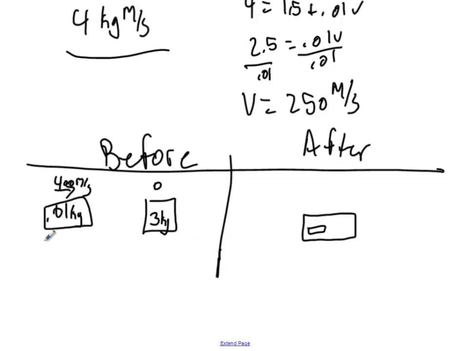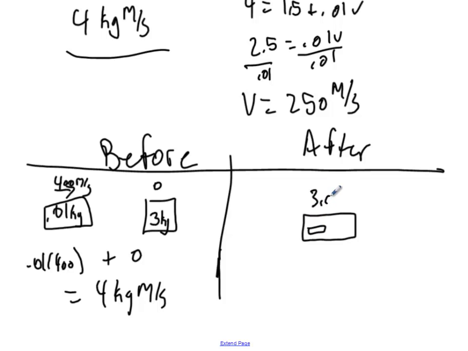So before, I have 0.01 times 400 plus 0, which is still 4 kilogram meters per second. Now over here, these two things stuck together, which means my mass is not 3 kilograms anymore. It's 3.01 kilograms. I have a block of wood with a bullet in it. But I can consider that as one object.